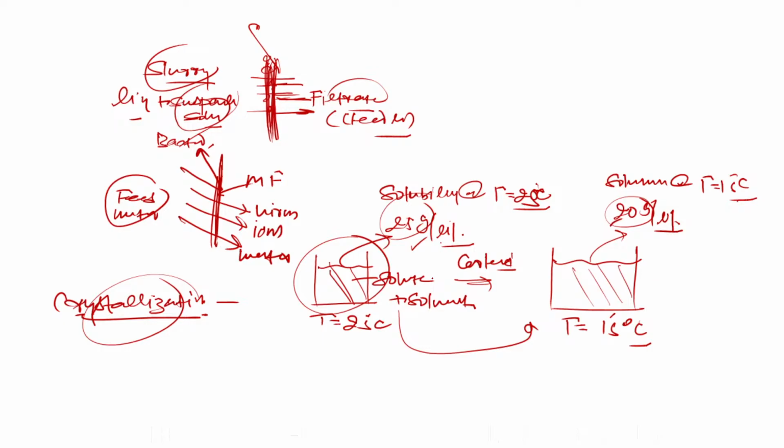But how much excess solute is there? Per liter of solvent, how much excess solute is there in the solution at 15 degrees Celsius as compared to 25 degrees Celsius? Anyone, please?